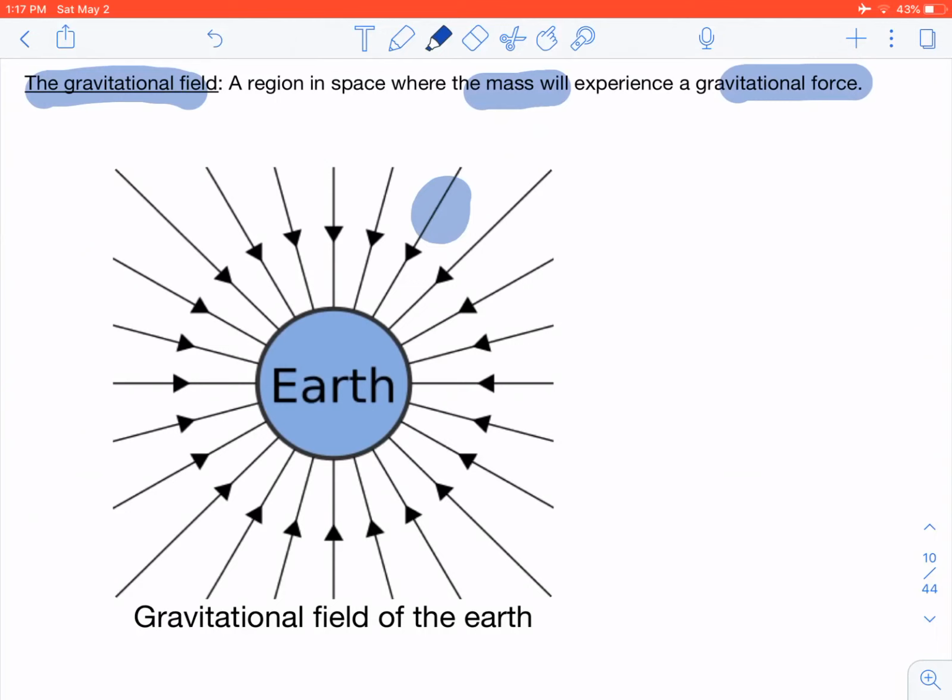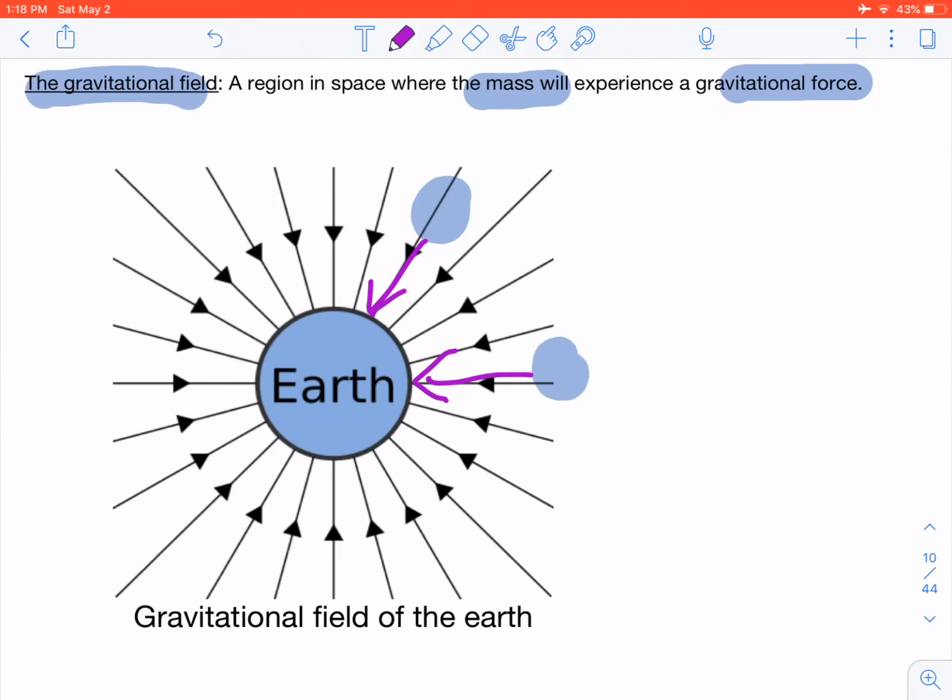Yes, as well, but at this point we're just looking at the Earth's gravitational field, and we find that the object moves towards the center of the Earth. So these field lines are directed towards the center of the Earth. Wherever that object is, it is moving towards the Earth.